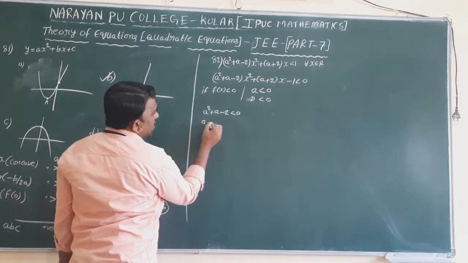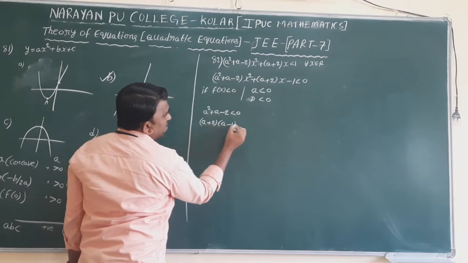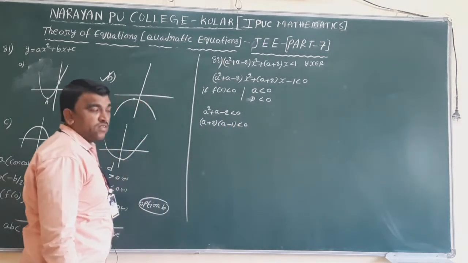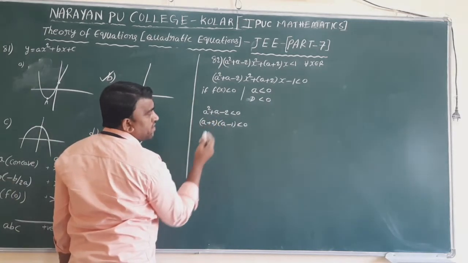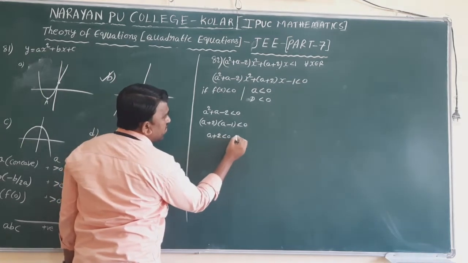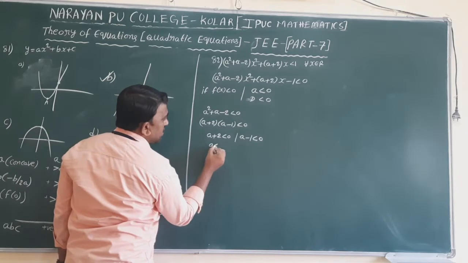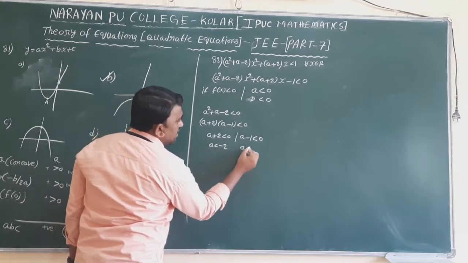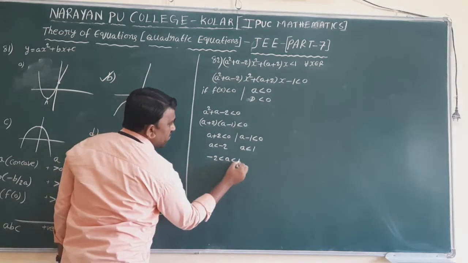Simplify this: (a + 2)(a − 1) is less than 0. While simplifying, a² + 2a − a − 2, we get either a + 2 < 0 or a − 1 < 0. a is less than −2, a is less than 1. So finally, it is −2 < a < 1.